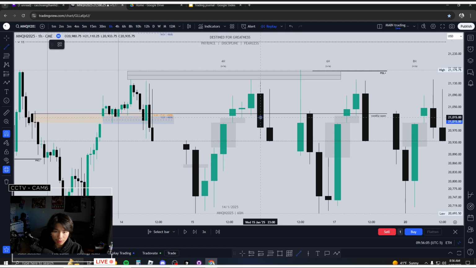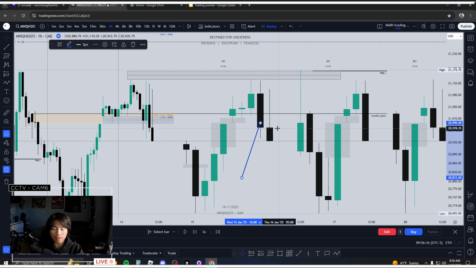Right here. So this is that 4-hour higher time frame order flow that I was talking to you guys about in that first trade. Its objective has now been completed, as I was anticipating. It's just, like I said, I got stopped out.